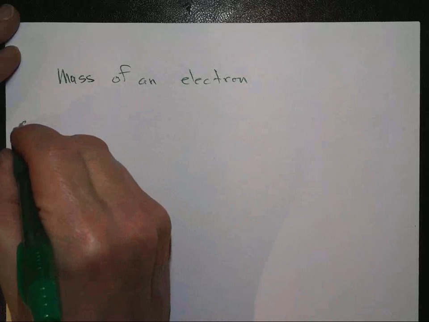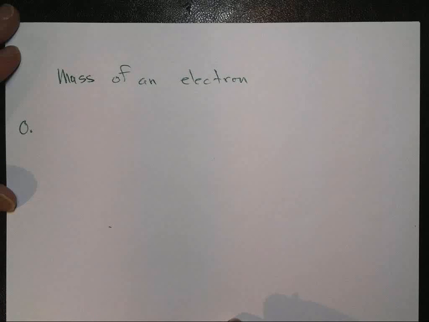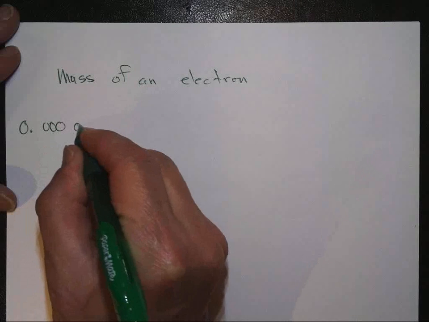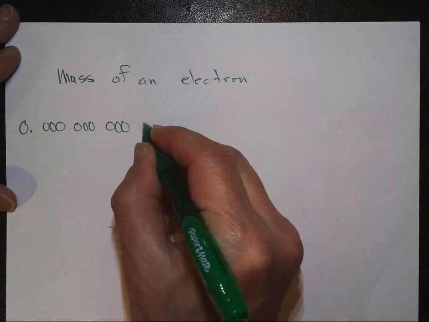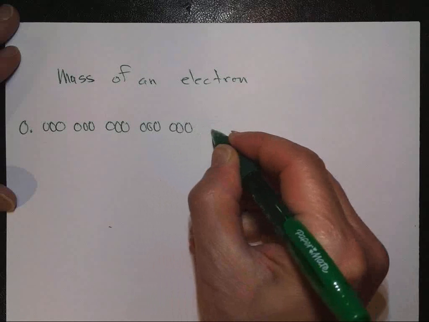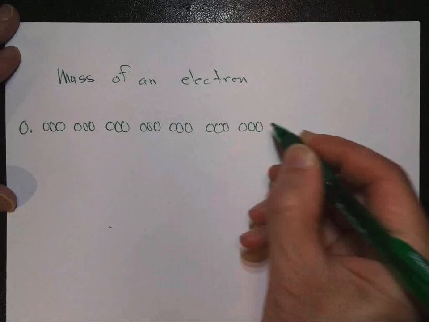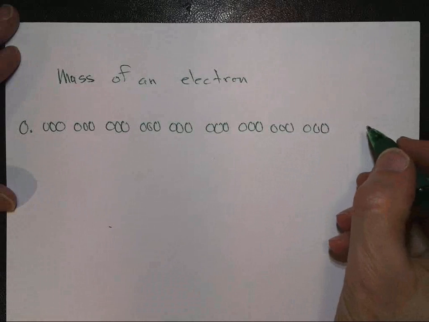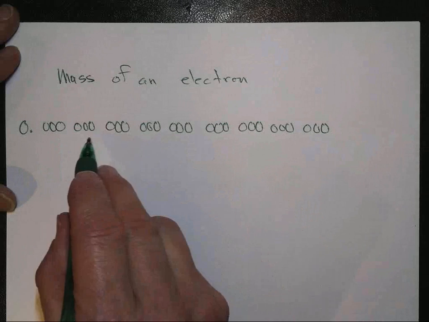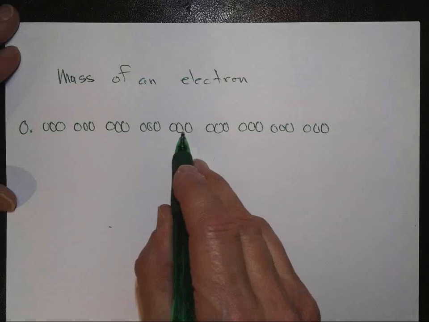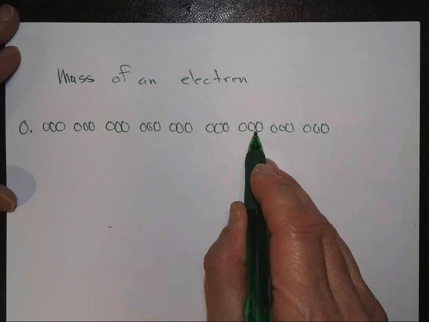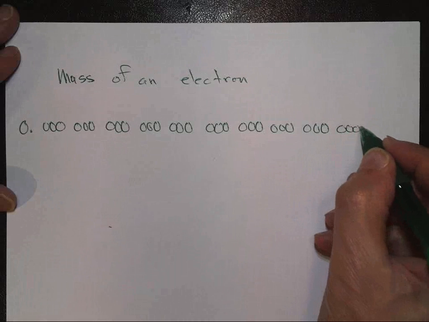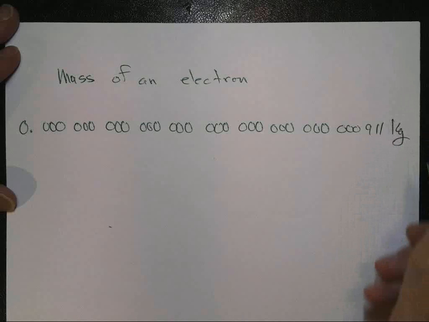We've got 0, point. I'll do this in groups of 3. 1, 2, 3, 4, 5, 6, 7, 8, 9, 12, 15, 18, 21, 24, 27, and you have 911 kilograms.